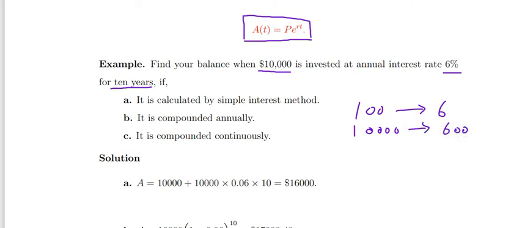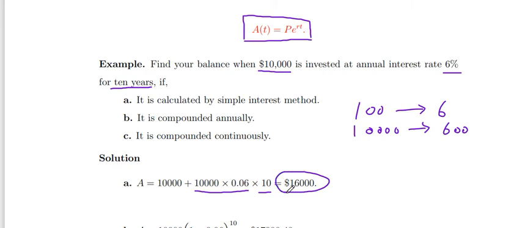And then for 10 years, just multiply by 10. So 10 years equals $6,000. We multiply the 1-year amount by 10 years. Okay, so we got this number.